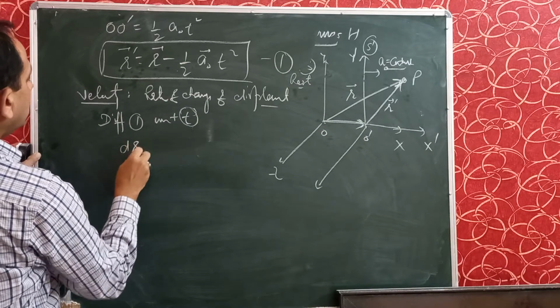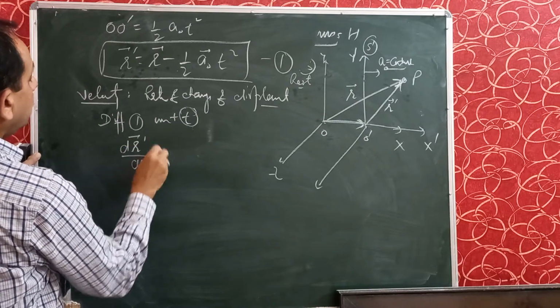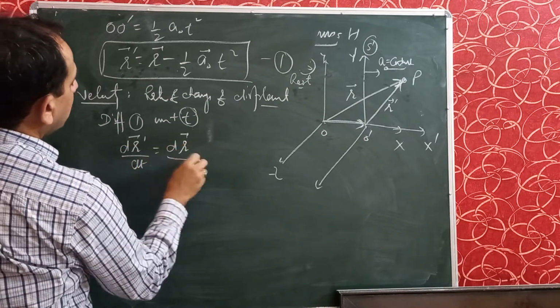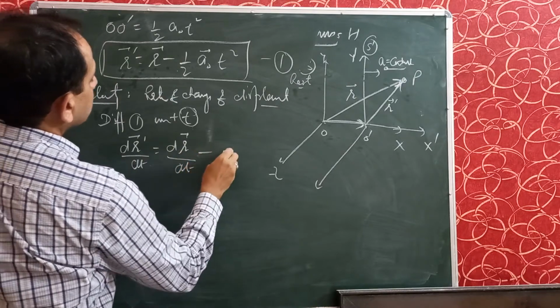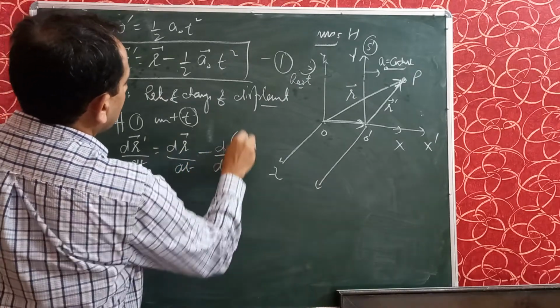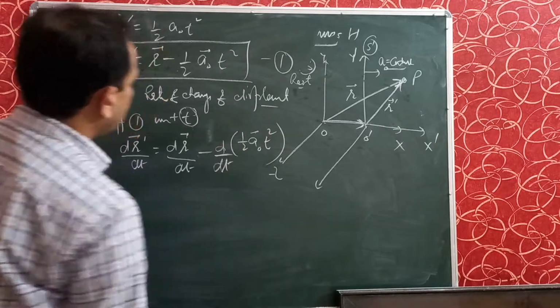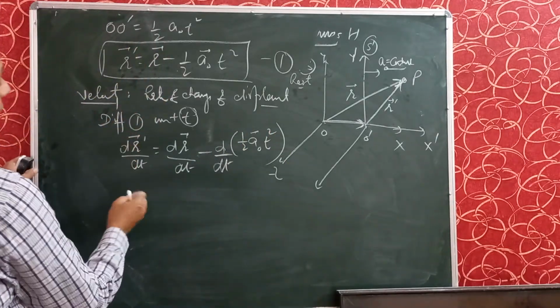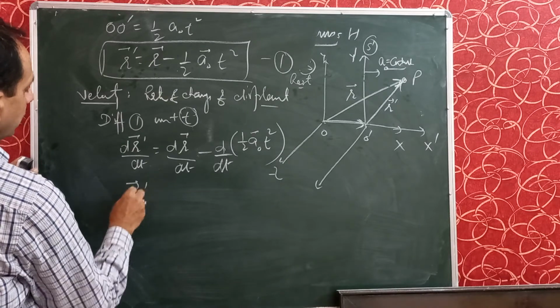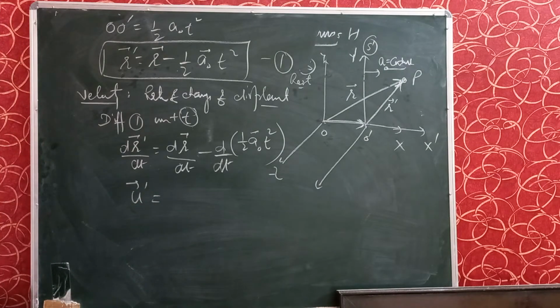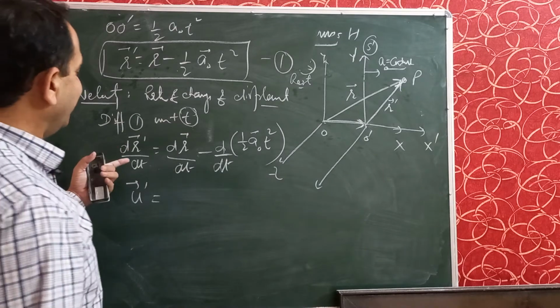So it will become dr dash upon dt is equal to dr upon dt minus d/dt of half a naught t square.